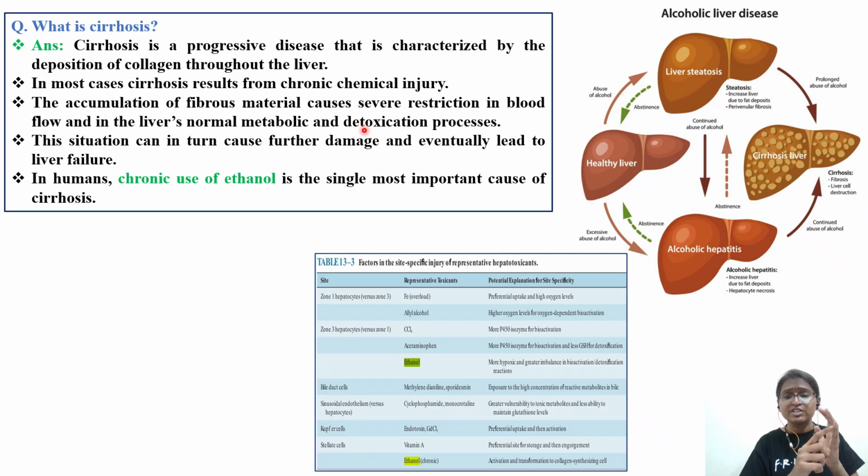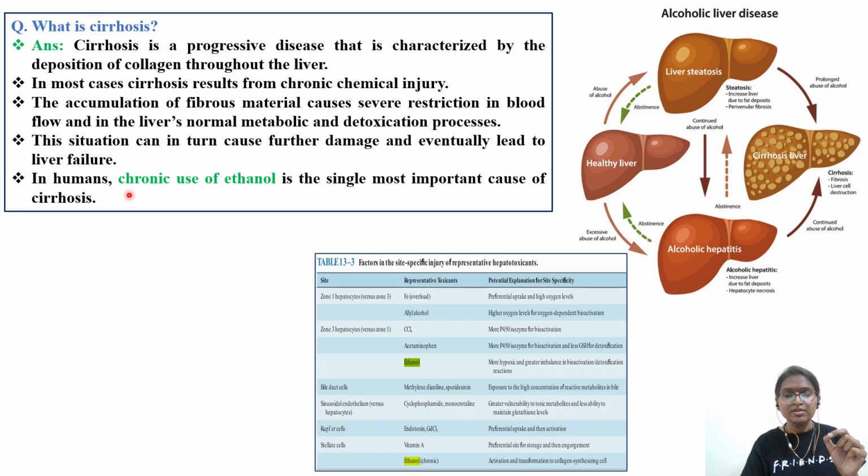You have phase 1, phase 2, phase 3 metabolism, all taking place in the liver. If blood flow to the liver is decreased, metabolism also decreases. After phase 1 and phase 2 metabolism, detoxification products are formed, but that detoxification process will be inhibited. As a result, toxins in the body will increase. This situation can cause further damage and eventually lead to liver failure.